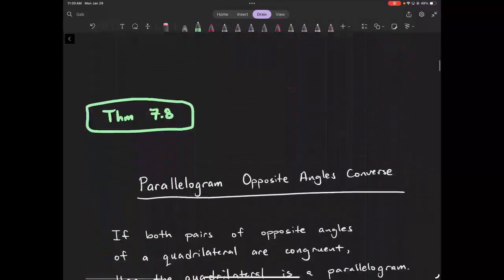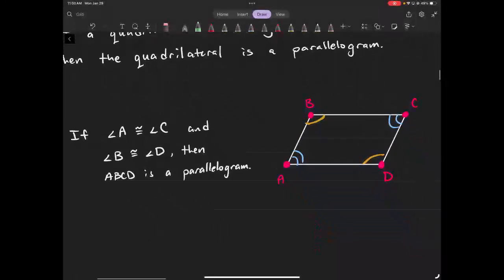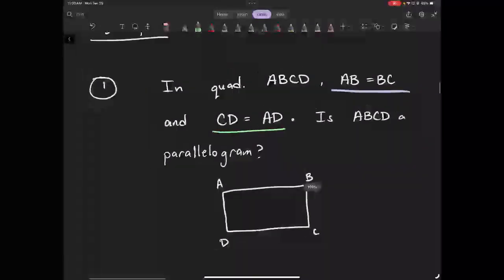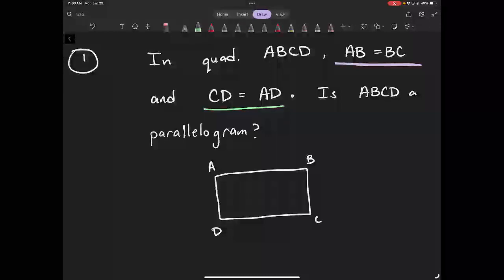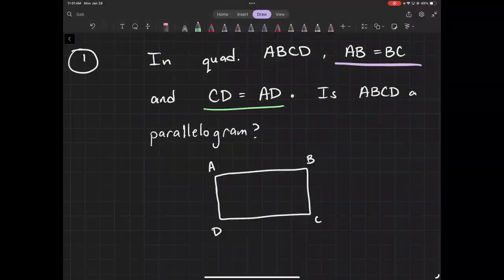So just kind of switching it. Over here, same thing. If you show opposite angles are congruent, then it will be a parallelogram. All right, so here's the first question. There's going to be like 4 of them. This is quick.